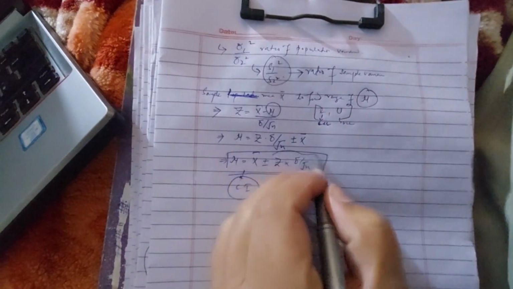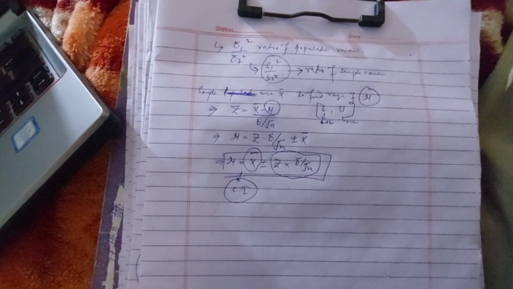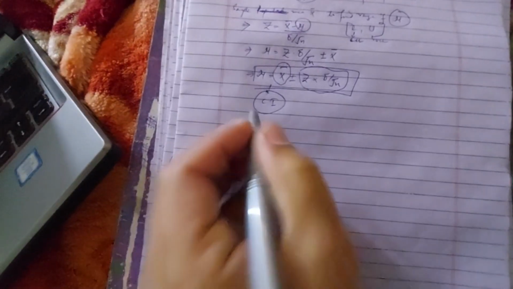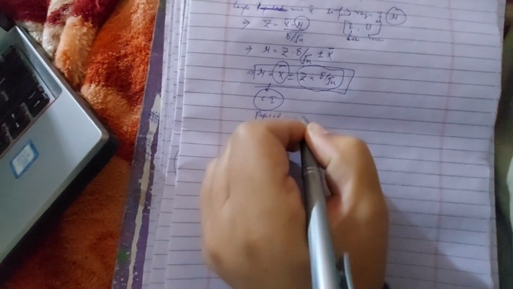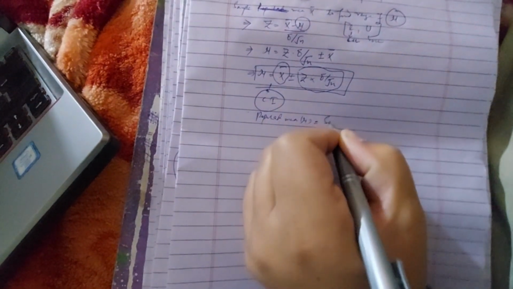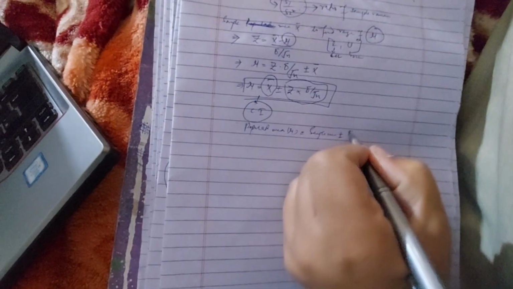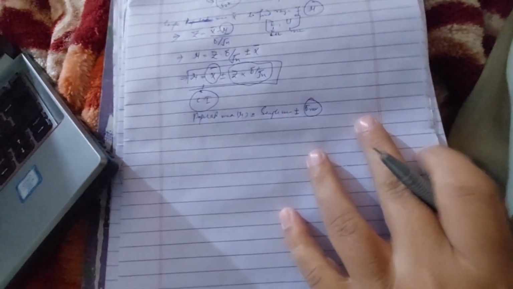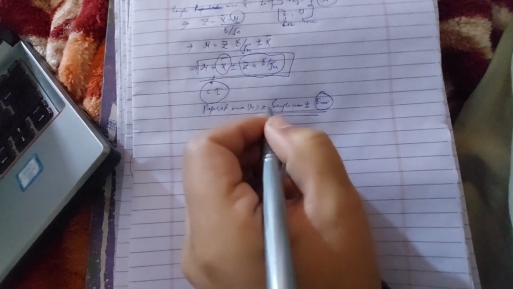This is the margin of error and this is the sample mean. So the population mean mu is equal to the sample mean plus minus the error, the total error that it can actually deviate.